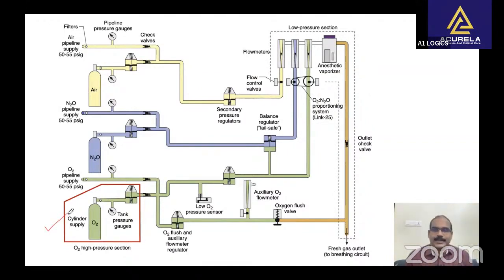The intermediate pressure section extends from the high pressure regulators to the flow control valves and also includes the tubing and the components originating from the pipeline inlets. The low pressure section, which is marked in dashed lines, extends from the flow control valves to the breathing circuit.